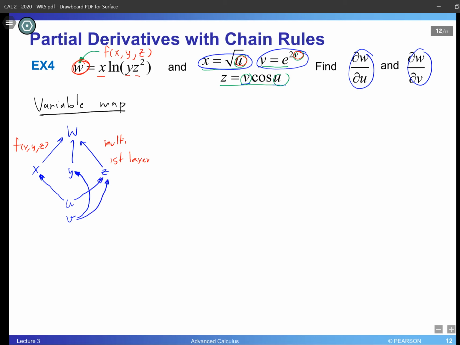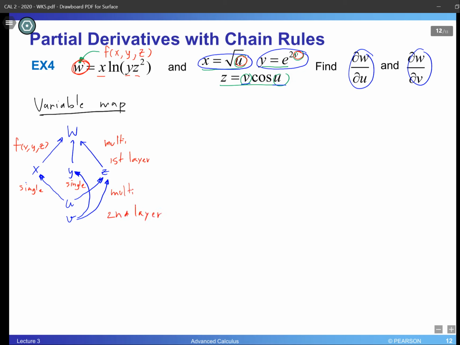So you are looking at both single variable and multi-variable. For the x, it's going to be single variable because it has only 1 input of u. So make a note right here, x is single. For y right here, also single because y only has 1 input, which is v, but z right here has multi-variable function because it has 2 inputs, and we are talking about the second layer here.